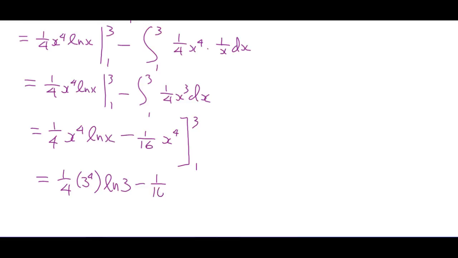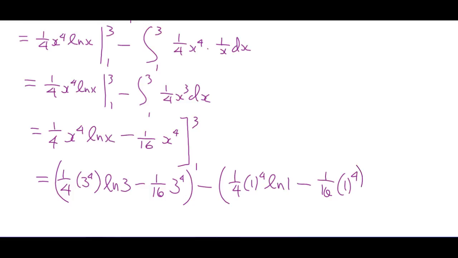Okay, which is equal to, so we've got 1/4 3 to the 4th ln 3 minus 1/16 3 to the 4th, minus 1/4 1 to the 4th ln 1 minus 1/16 1 to the 4th.